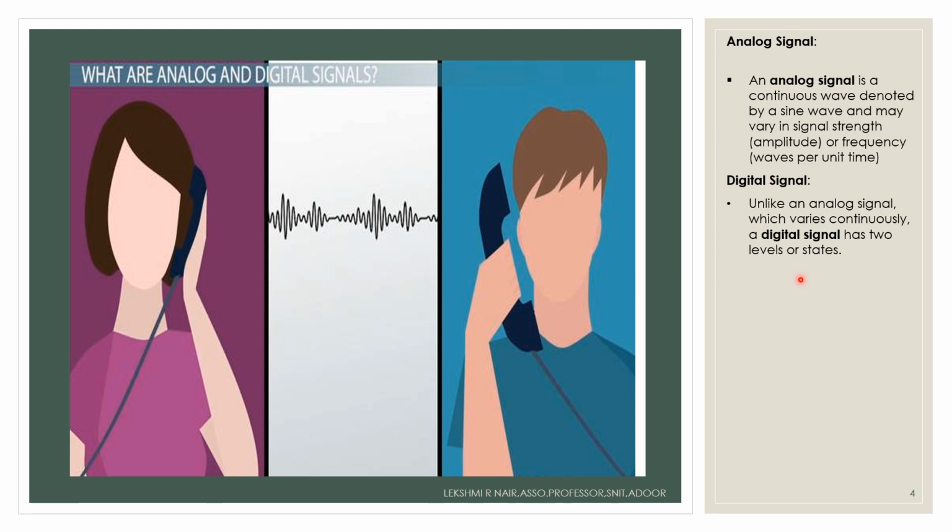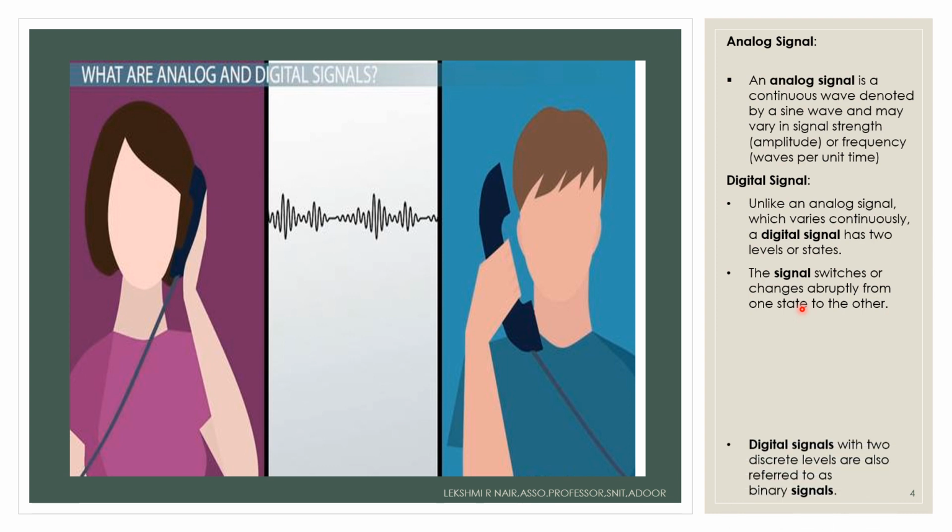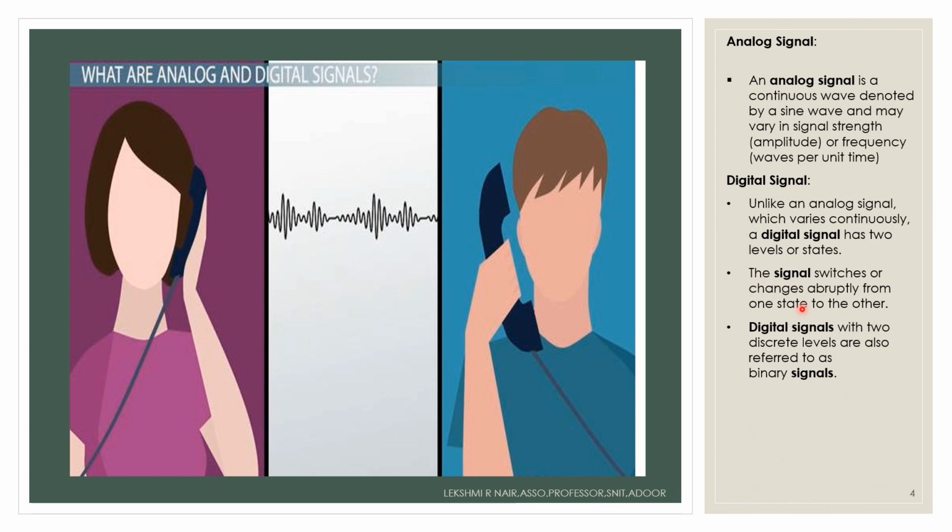It will not vary continuously. It is a discrete signal. We represent a digital signal by using different levels. Normally, we use two levels and the signal switches between these two levels. As we use these two levels, the binary signal is an example of a digital signal.